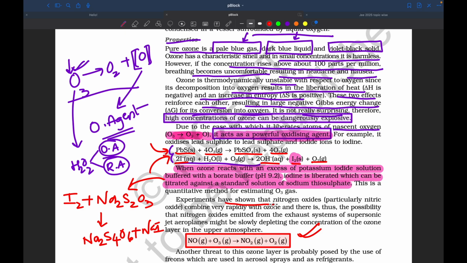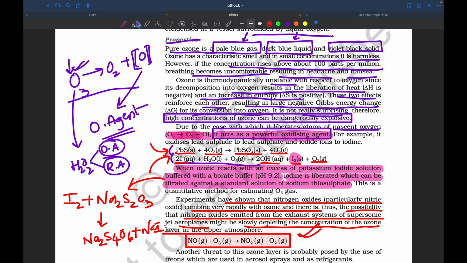Experiments have shown that nitrogen oxides, particularly nitric oxide, combine very rapidly with ozone, and there is thus the possibility that nitrogen oxides emitted from the exhaust system of supersonic jet aeroplanes might be slowly depleting the concentration of the ozone layer in the upper atmosphere, right?